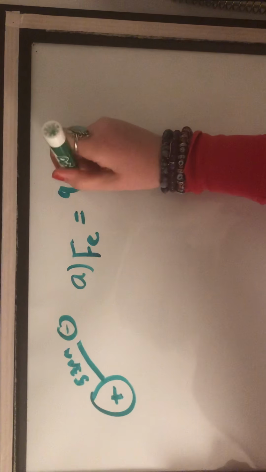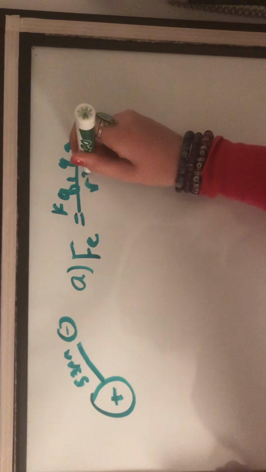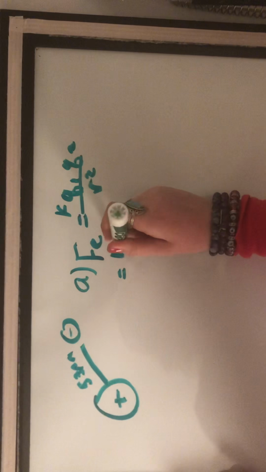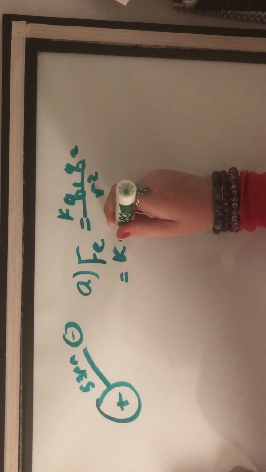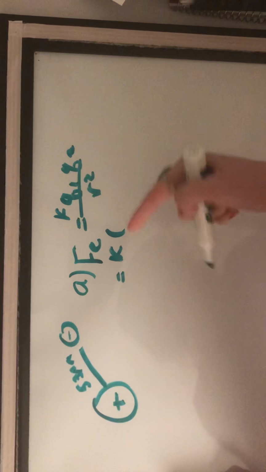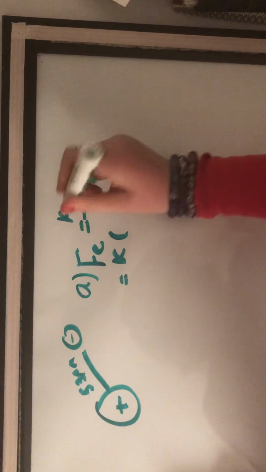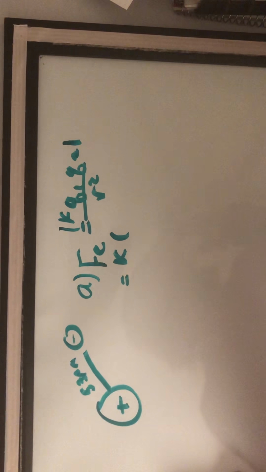It's equal to Q1 Q2 times K over R squared, where K is equal to 10 to the 9th, times the charge of an electron and a proton, which happens to be just the same except positive and negative, but when you multiply them together and take the absolute value, it won't make a difference.